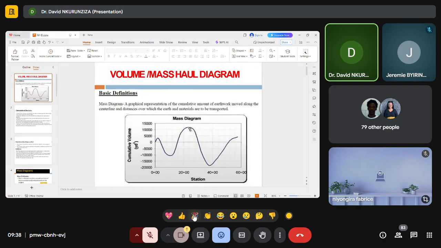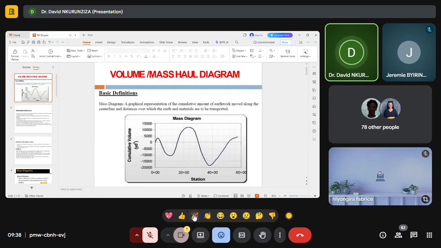So now this highest point will be representing, of course, the maximum of the grade line, and this goes with respect to the natural ground level. Okay, and this is what we can see here.